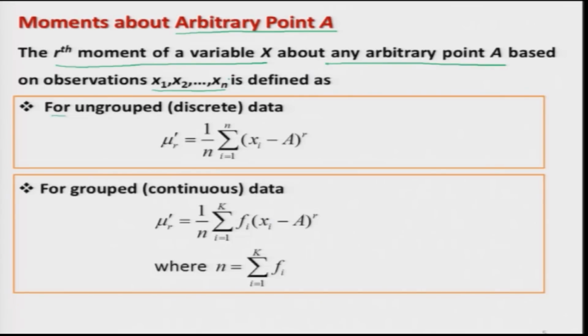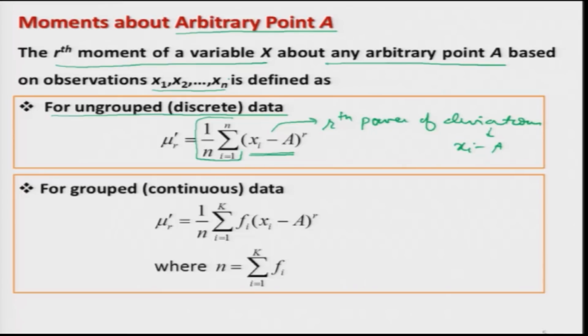For the case of ungrouped, discrete data, this is simply the arithmetic mean of the rth power of deviations, and these deviations are obtained, you can see here, as xi minus a, and this is denoted as mu r prime.